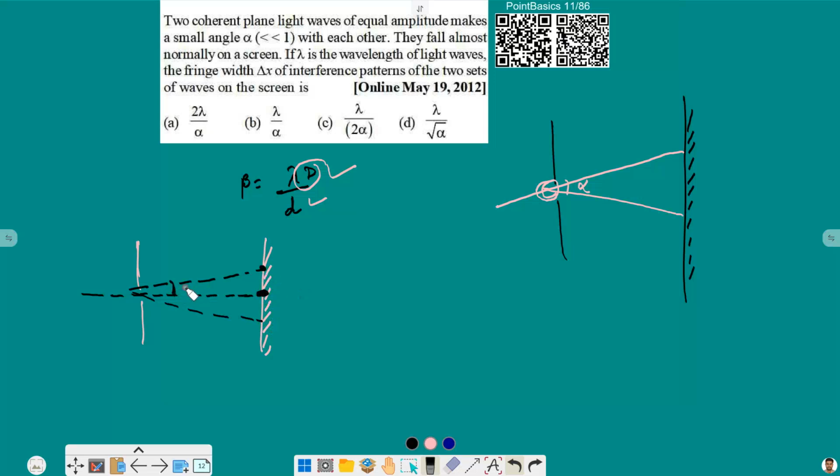So this angle theta, this distance y is our fringe width, or basically this is our beta.